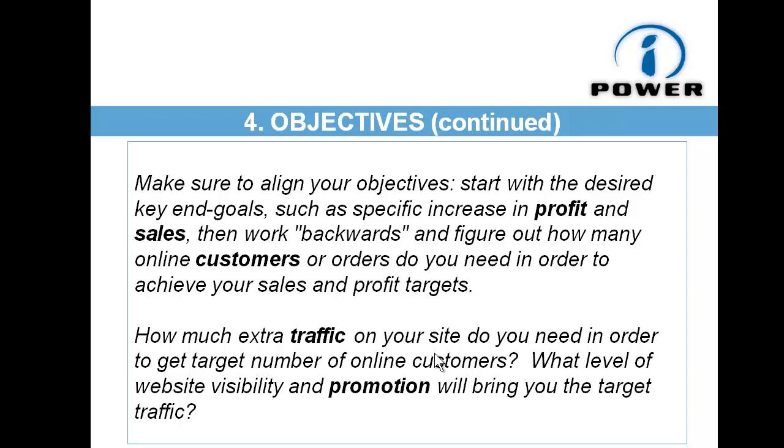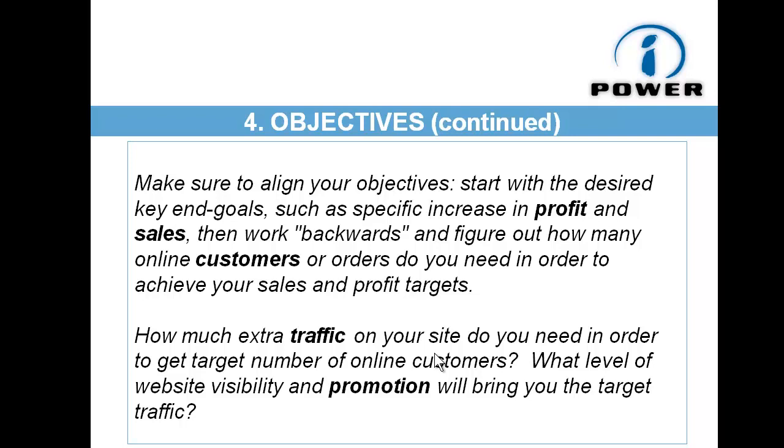So once again, start with the big picture, start with the ultimate goal in profit and sales, and then try to figure out how many customers and online orders you need in order to get there. Once you figure out how many customers you need, then ask yourself, what kind of traffic do I need on my site in order to get that many orders?